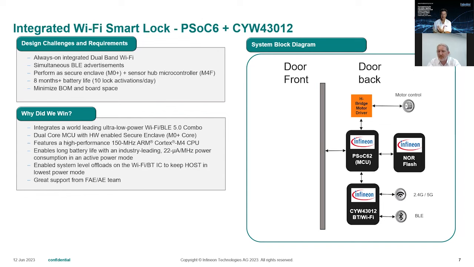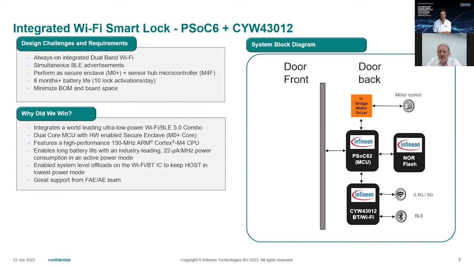Is it dependent on the situation in the home as well, how far you are from the router and things like how thick your walls are? Correct. You'll see here that the lock has both 2.4 and 5 gigahertz bands.